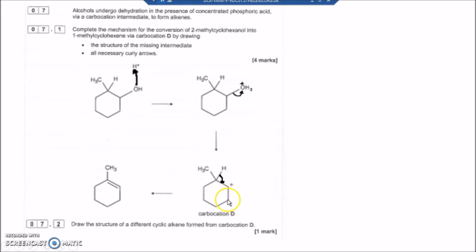So there's no reason why one of the H's here couldn't break off. That H could stay, and one of these H's could break off and form a double bond here instead. So the double bond could be here instead.